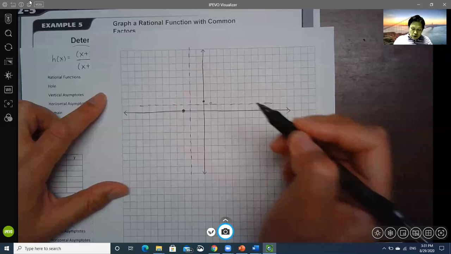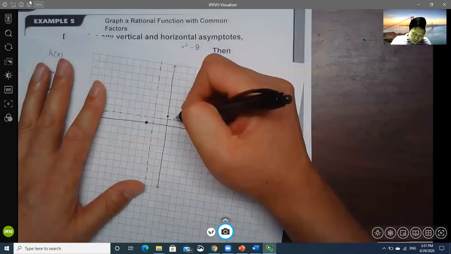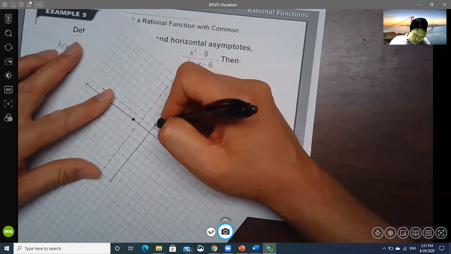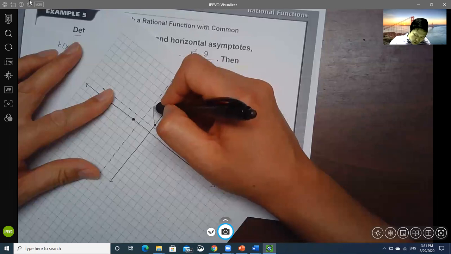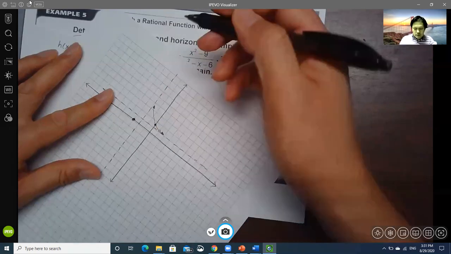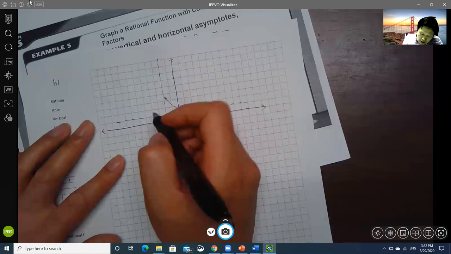Okay, so you connect them nicely. So you have a graph like this, and you have a graph like that.